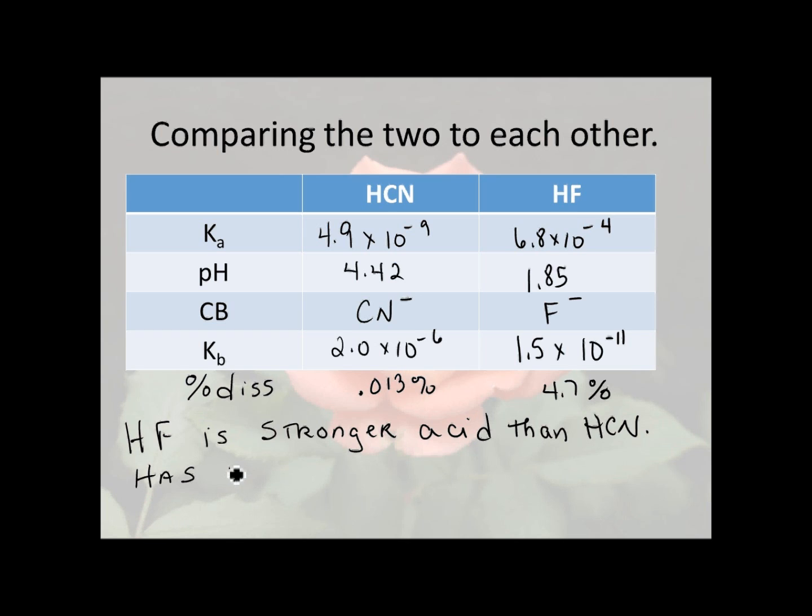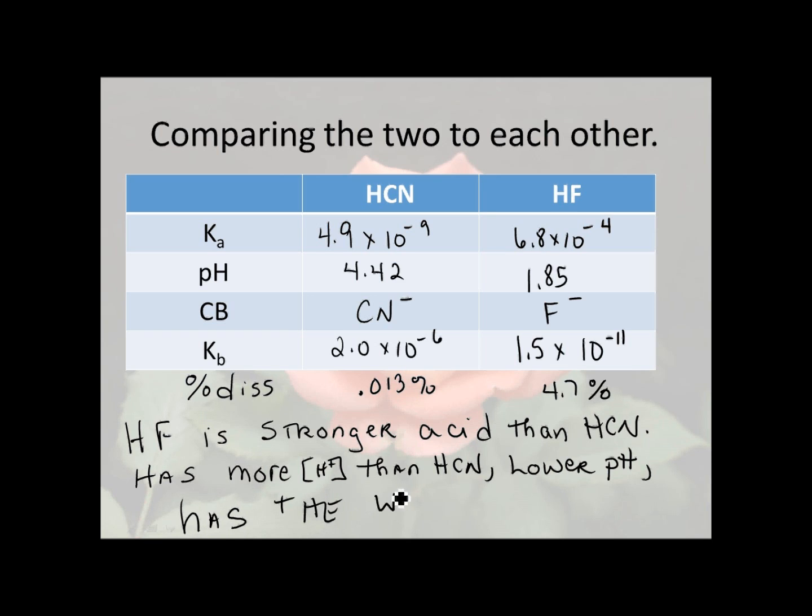It has more hydrogen ions than the hydrocyanic, a lower pH, but has the weaker conjugate base.